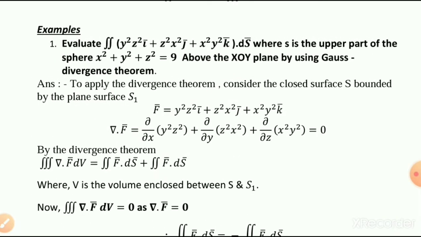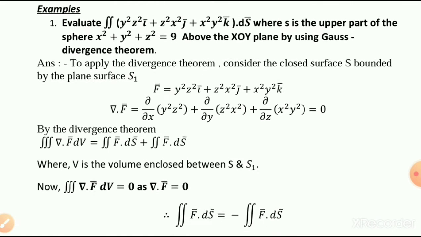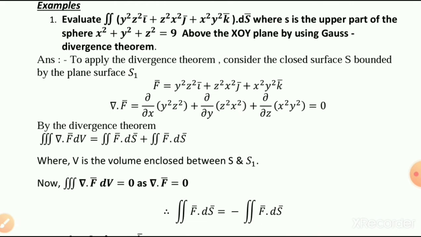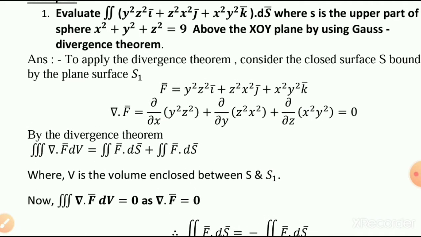Now to apply the Gauss divergence theorem, consider the surface S bounded by the plane surface S1. From the given integration we consider f bar, the vector valued function, equal to y square z square i bar plus z square x square j bar plus x square y square k bar.